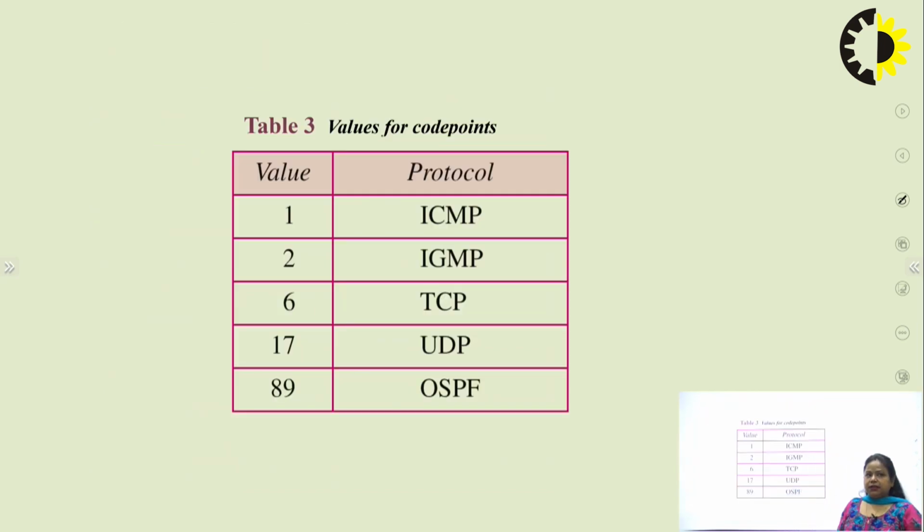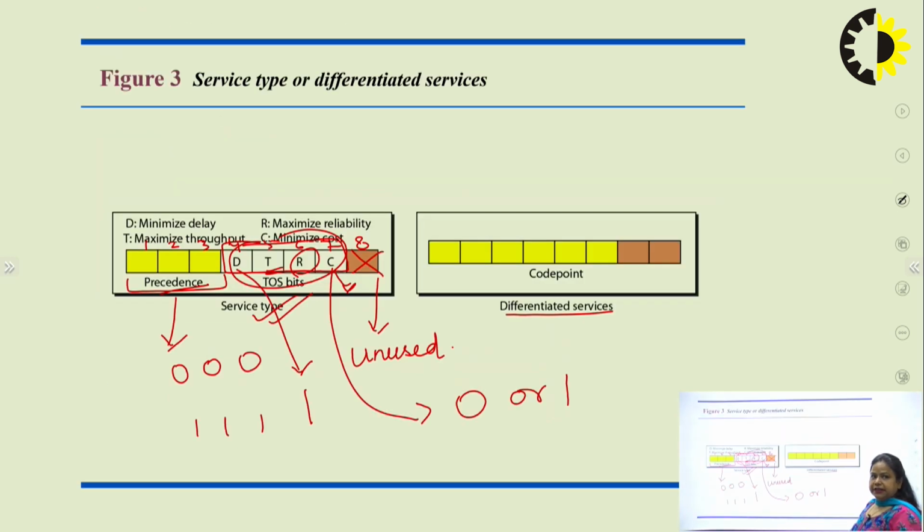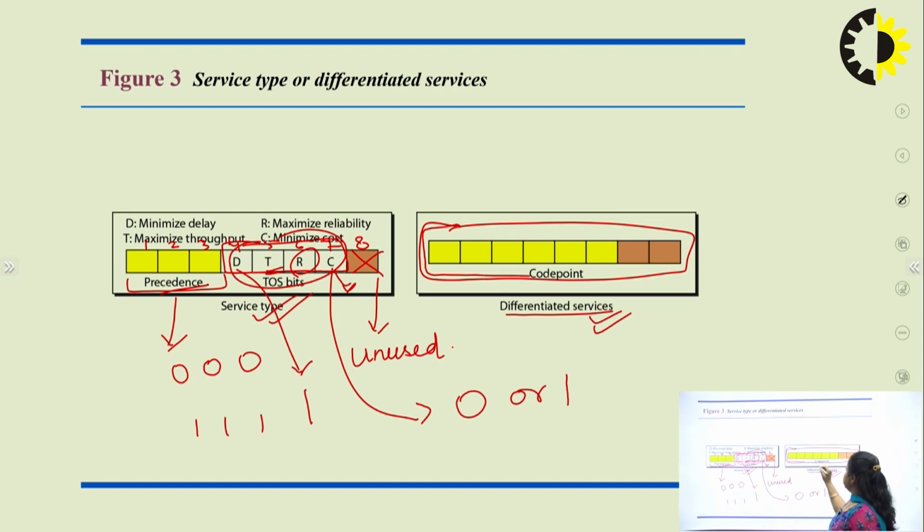Then after that, we are going to talk about the differentiated services. In the case of differentiated services, remember one thing, there are again 8 bits. Out of those 8 bits, the 6 bits combination provides the different types of differentiated services, and the last 2 bits are unused, right?